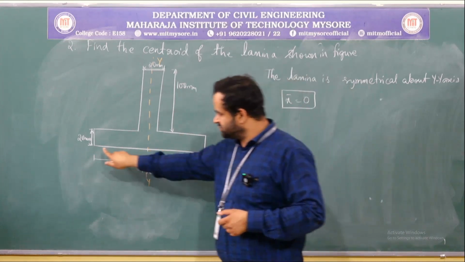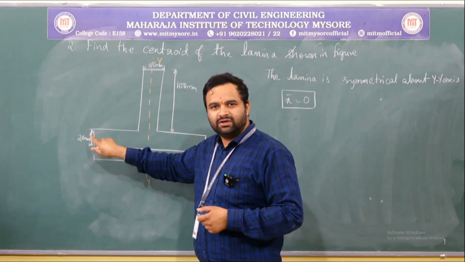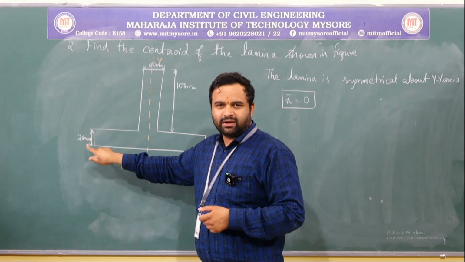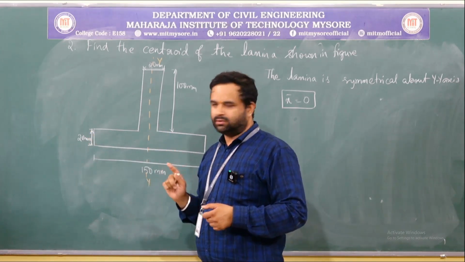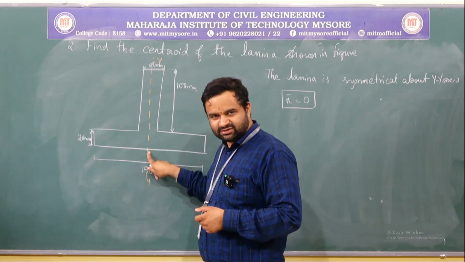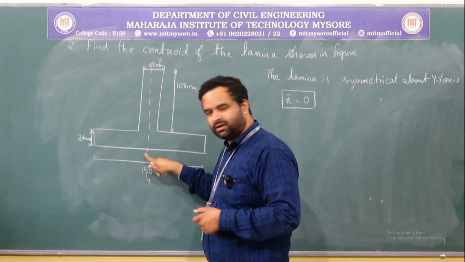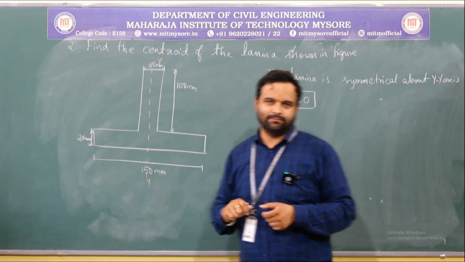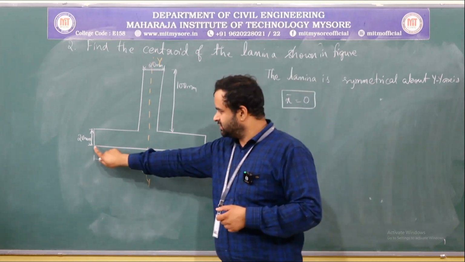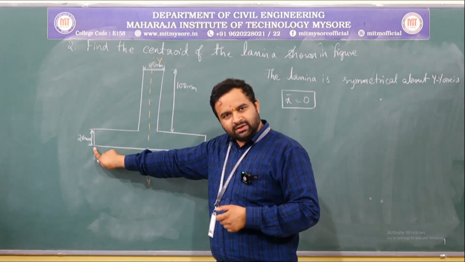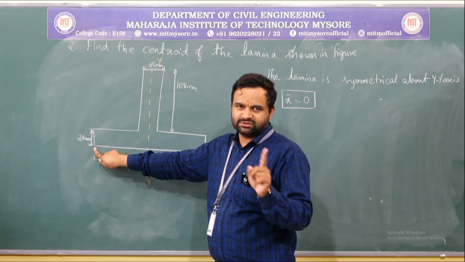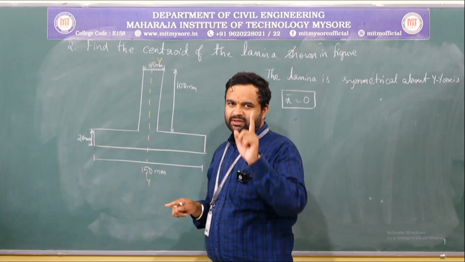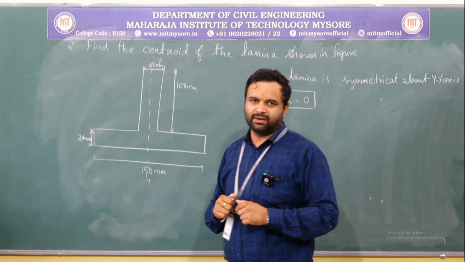But if you choose this as the reference point, then x bar should be equal to some number, it is not 0. If you write the origin at this point, then we can say x bar is 0. If you write the origin at this point, then we will be having an x bar value and it is not equal to 0. Okay. So, please keep this in mind.